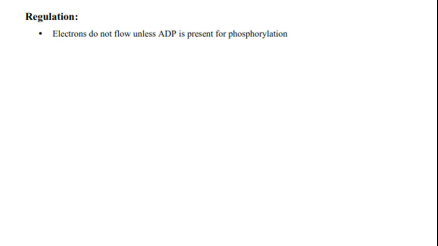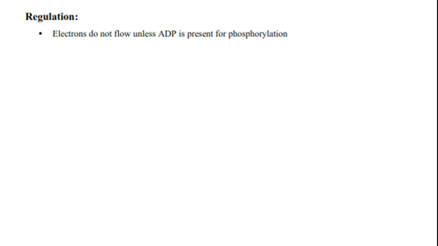Regarding the regulation of ATP synthesis, please remember one point: as and when our system is high in energy, meaning ATP concentration is very high, obviously it results in blocking energy producing pathways. It can be glycolysis or citric acid cycle or electron transport chain.